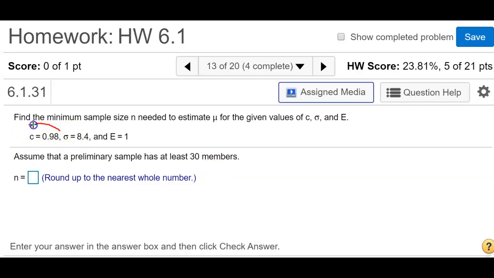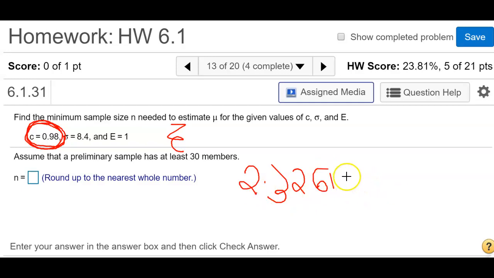Remember guys, your C is not your ZC. C is just the area under the curve. Your ZC is your respective Z value, in my case 2.3263.